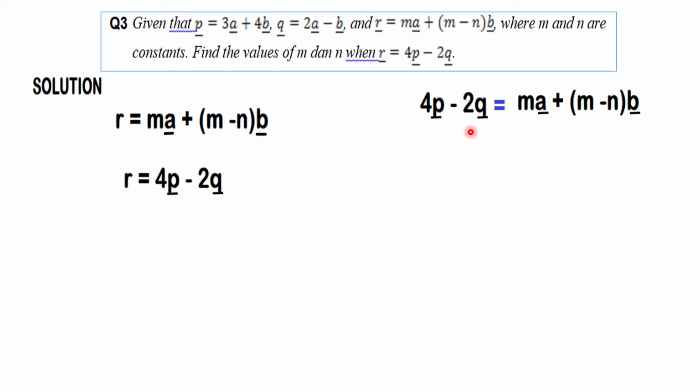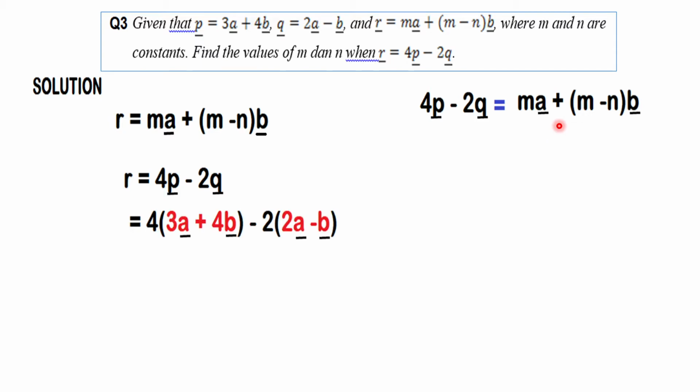Therefore, you have 4p minus 2q equals ma plus in bracket m minus n, b. Now I cannot compare the right hand side with the left hand side. Why? Because the vectors are not the same. So I cannot compare yet.